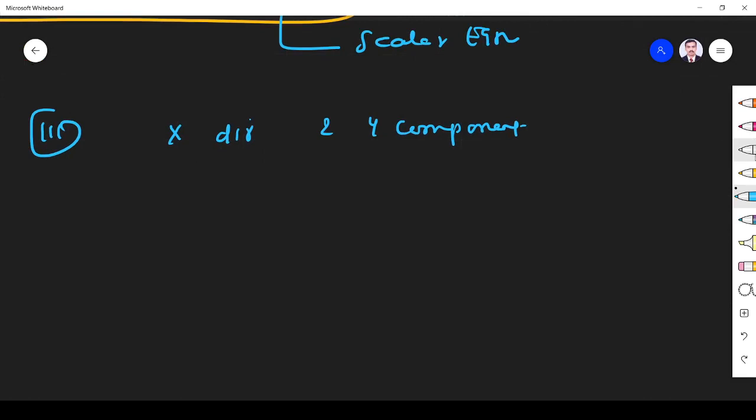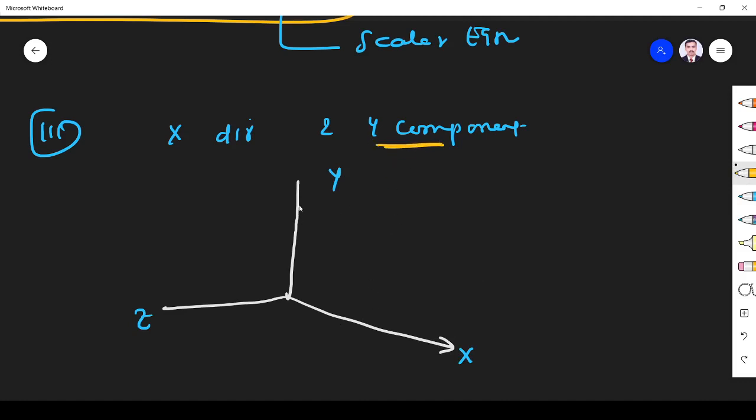So this is x. Let us assume this is y. This is z direction. So the wave propagates in x direction. Fine. So the electric field will be in y. It has only y component. Y means this one. So the electric field will be like this.